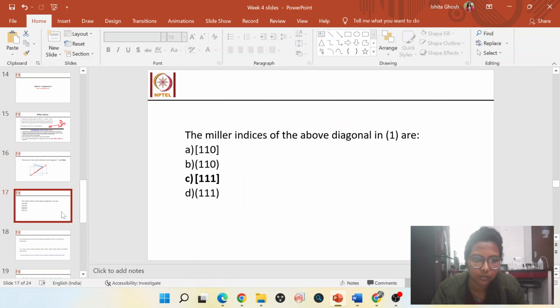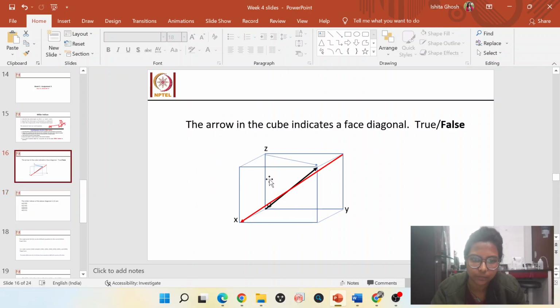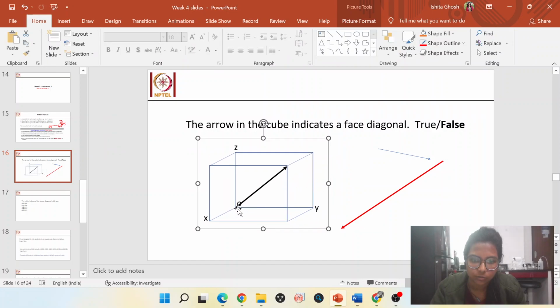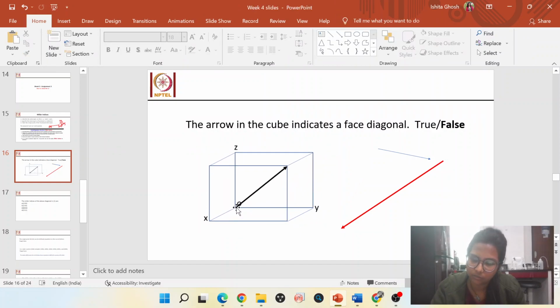So then the related question was, what will be the Miller indices? This is also again very easy. If I remove these extra lines which I drew now, this is simply my origin, my 0, 0, 0. If I go from here, this is 1 unit along x, 1 unit along y, and 1 unit along z.